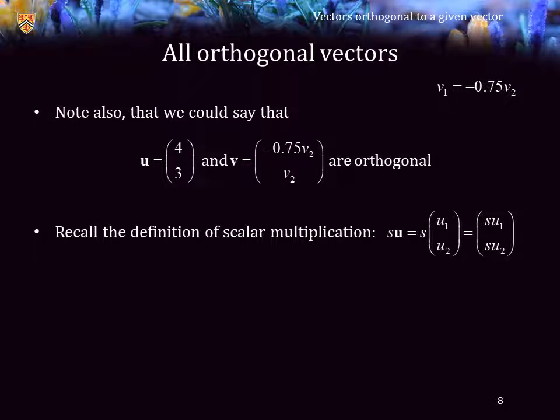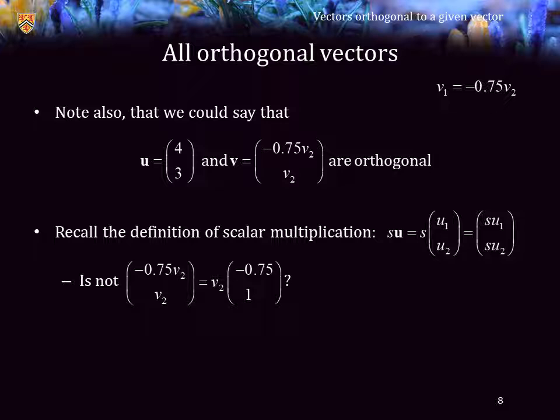Now, recall the definition of scalar multiplication. s times a vector u is equal to s times the first entry and s times the second entry. Now, taking a look at the vector we just found above, can't we factor out v2?